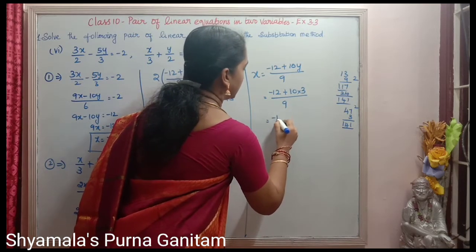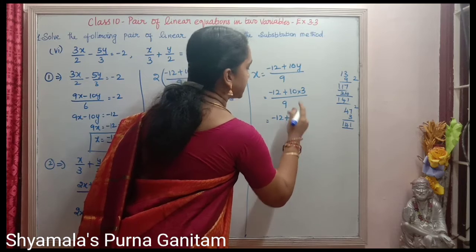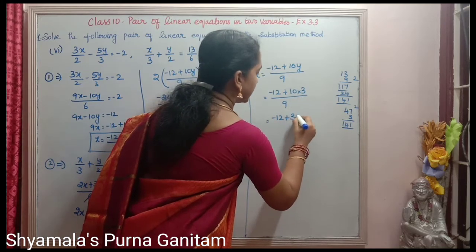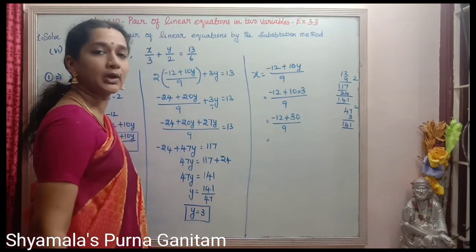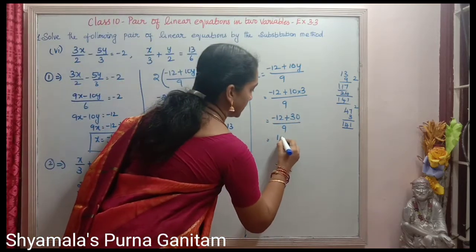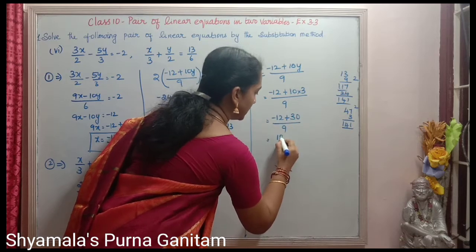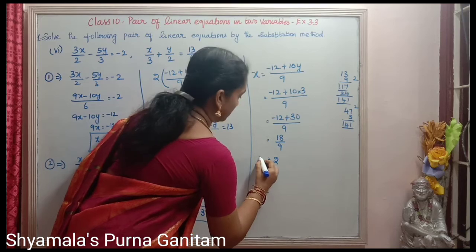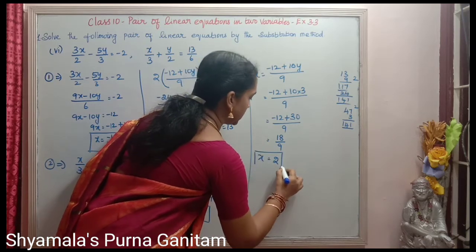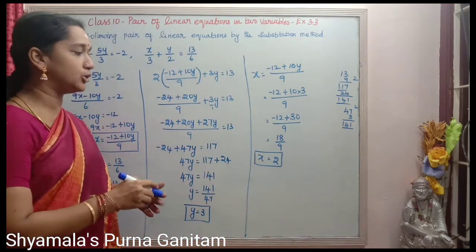So this is equal to minus 12 plus 10 into 3 is 30, 30 by 9. So 30 minus 12 is 18. 18 by 9. So my x value is 2. I got the x value as 2.